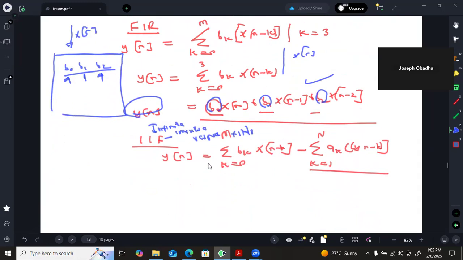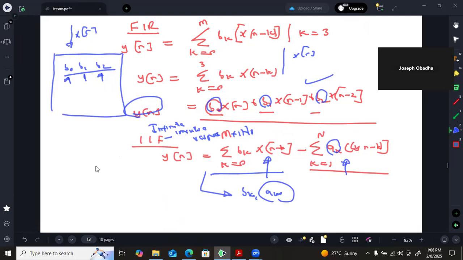The coefficients which are meant to multiply the input x of n, and the coefficients which are meant to multiply the output, the delayed and scaled versions of the output, a k. So here you need a set of two coefficients. You need the b k's, and you also need the a k's.